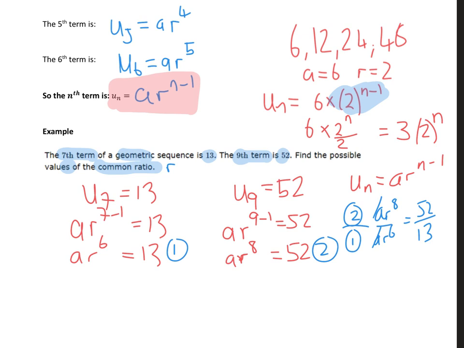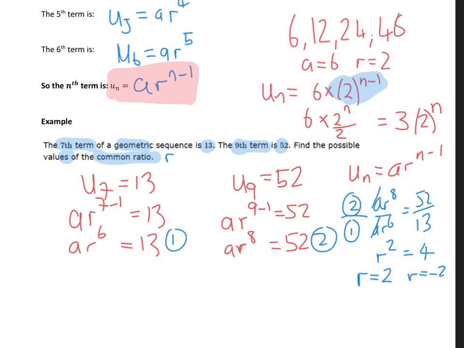Now the a's will cancel out, and r to the 8 divided by r to the 6 just gives me r squared, so take away the powers, and 52 divided by 13 is 4, so r squared is 4, so r equals 2, or r is minus 2. And if we wanted the first term, we would sub those back into either 1 or 2 to get what a is. So the question just wanted the common ratio of them.